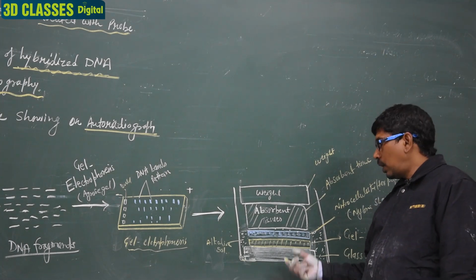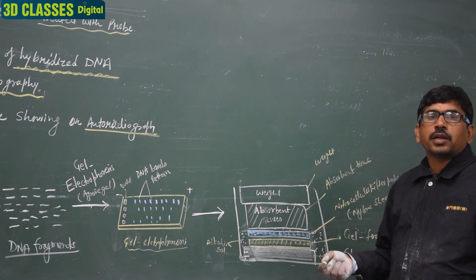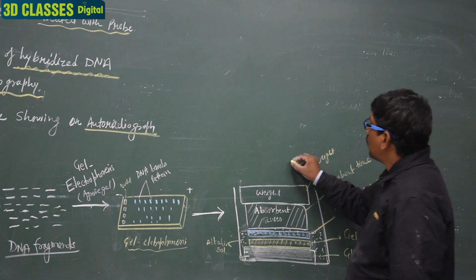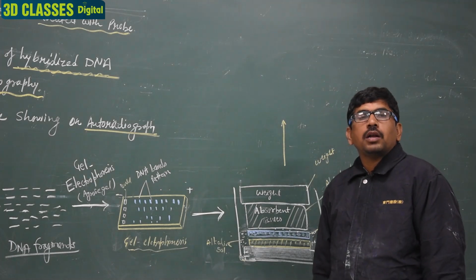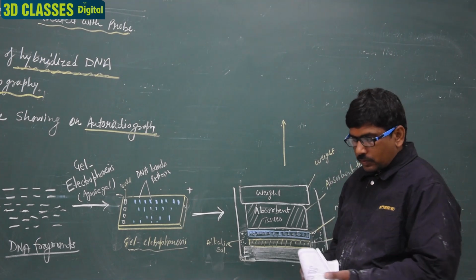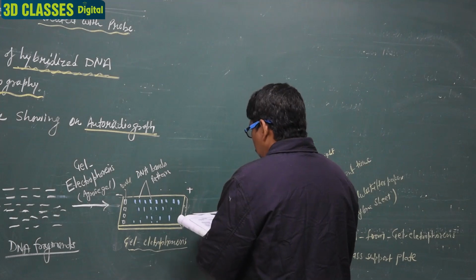After that we dry the membrane at a heated 80 degree temperature and treat it with UV rays. And after this processing, the sheet is treated with the probe. Here I mention another diagram.